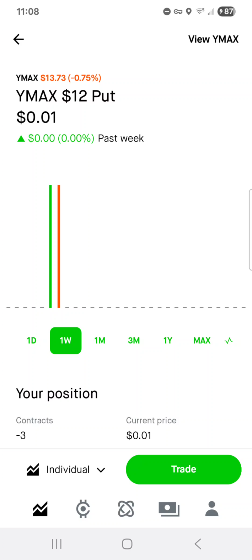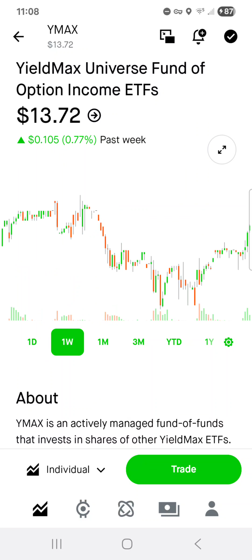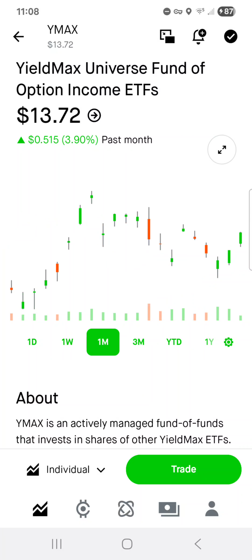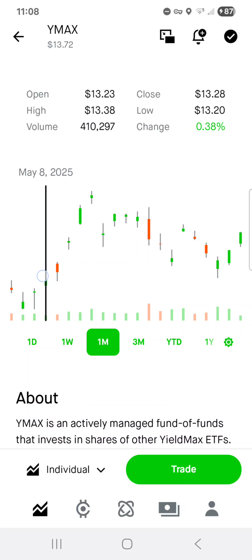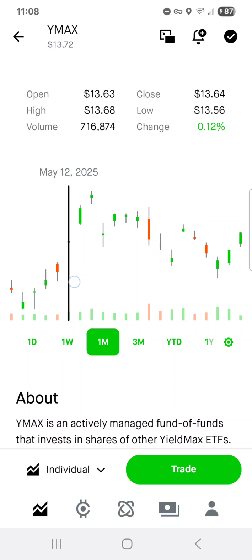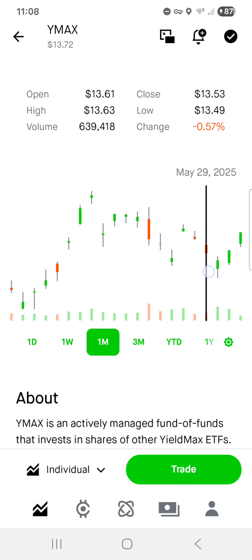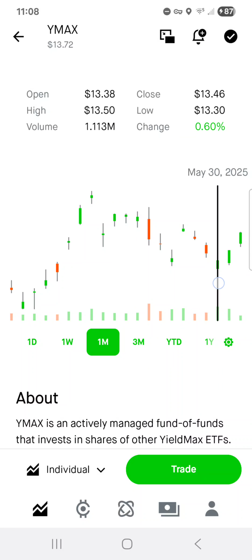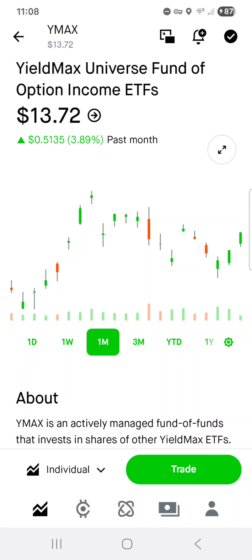I'm going to click in this top right corner saying view YMAX. So this is the stock. And we can look at how it's been doing for the past month, kind of bouncing around between $13 and something $14.